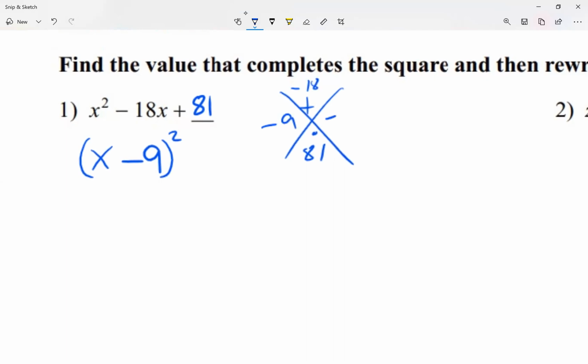You will think negative 9 and negative 9. So when I factor this, I get the same parentheses twice. That's why we call it a square.